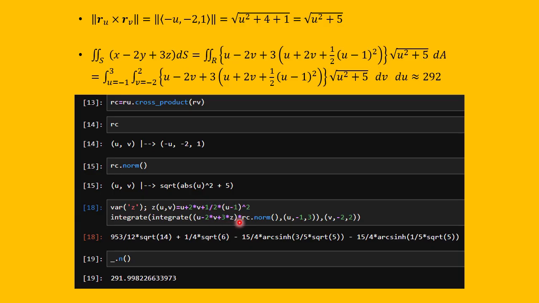And we're going to multiply that by the norm of the cross product, which was this stuff right here. And this inner integral is going to be integrated with respect to u, going from minus 1 to 3. This outer integral over here is going to be integrated with respect to v, going from minus 2 to 2.